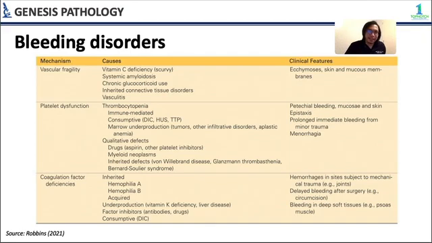Okay? Other causes of bleeding disorders due to vascular fragility are systemic amyloidosis, chronic glucocorticoid use, connective tissue disorders, for instance yung mga Ehlers-Danlos, Marfan's, ganyan, vasculitis. Okay, platelet dysfunction, of course, thrombocytopenia. So, thrombocytopenia, konti platelets mo, no?